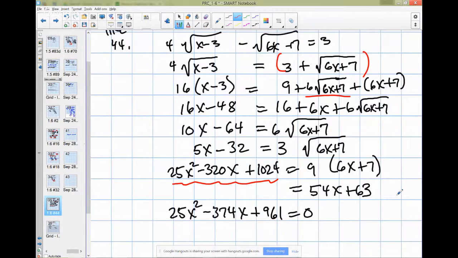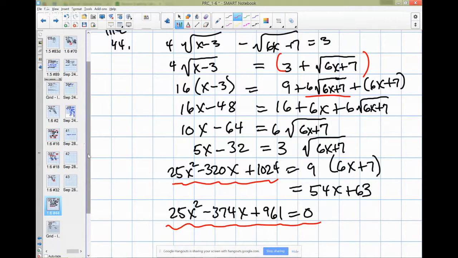We had to do it twice. Anyway, finally you can get it to the point where you have a quadratic. From there you could go ahead and use the quadratic formula, or factoring. Well, I don't think I'd want to try factoring yet. But anyway, you could put that in the quadratic formula and solve.